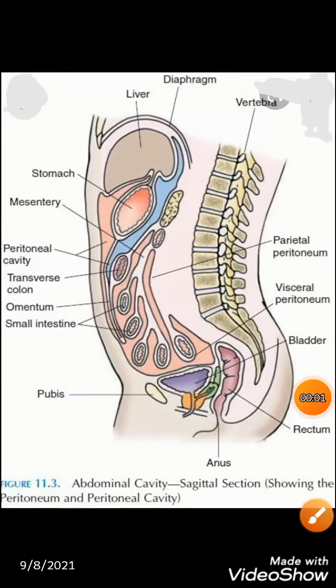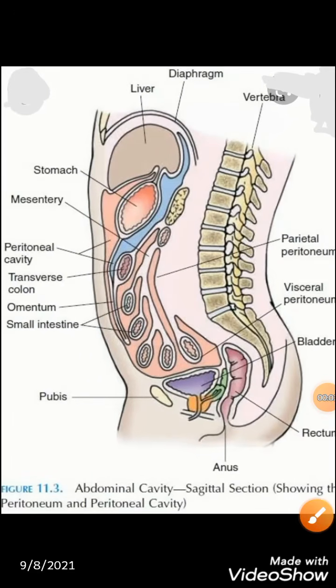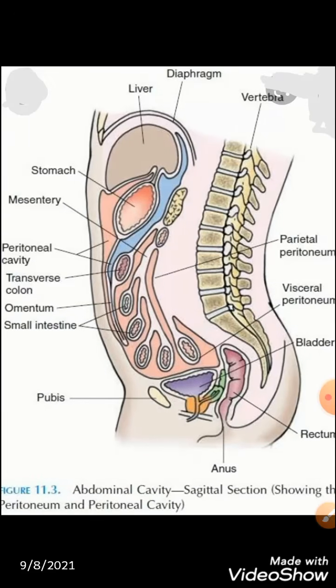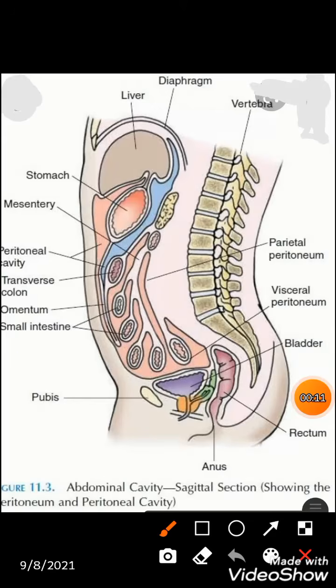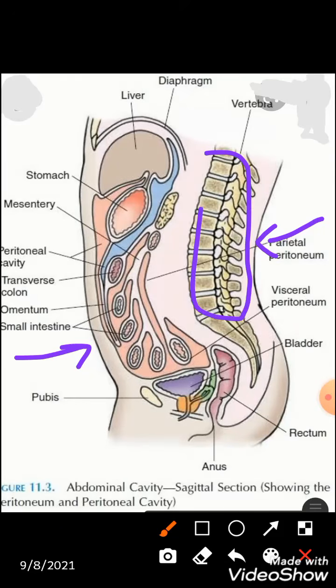So see, this is the sagittal section of the abdominal cavity to show you the parietal peritoneum, visceral peritoneum and the peritoneal cavity. And what is important here is, this is the anterior abdominal wall, this is the posterior wall, right? And the vertebrae are being shown here, right?